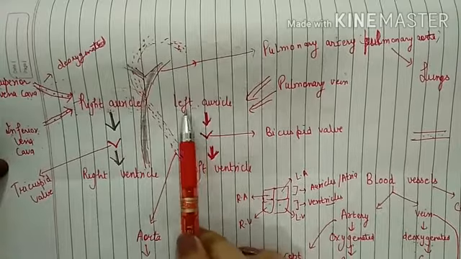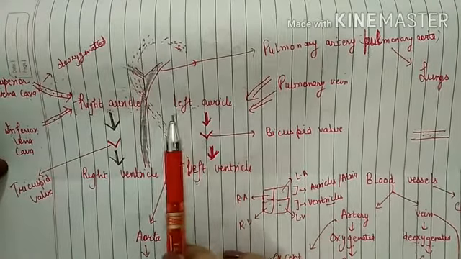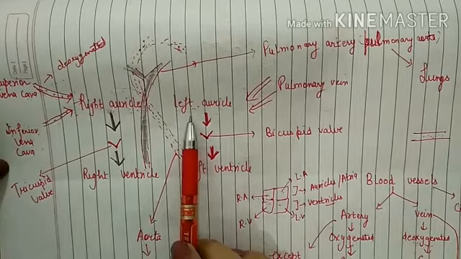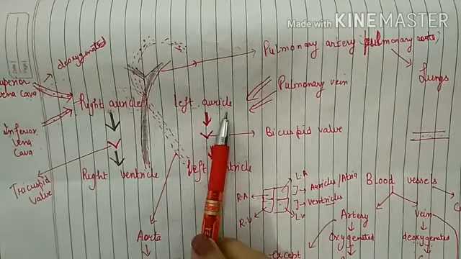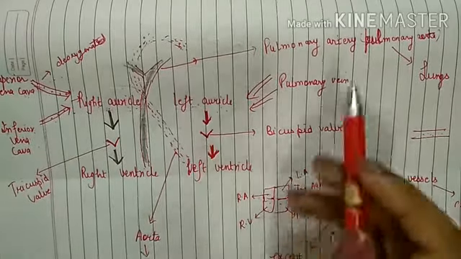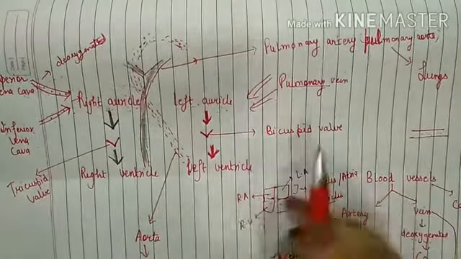Then the other one is the left auricle. You know that the left auricle is also a receiving chamber, meaning it will receive the blood from a blood vessel, and that blood vessel is known as the pulmonary vein.